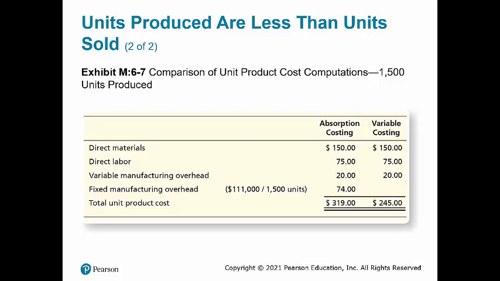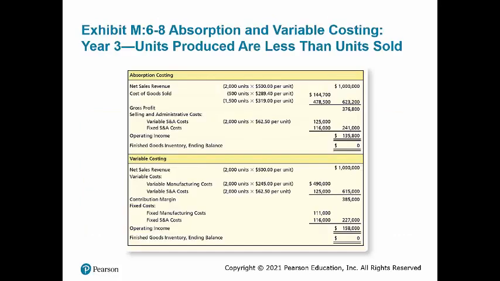The decrease in production increased the total unit product cost from $289.40 in the last exhibit to $319 under absorption costing because the total fixed manufacturing overhead costs were distributed among fewer units produced. Again, we see that the per unit product cost under variable costing has stayed the same.